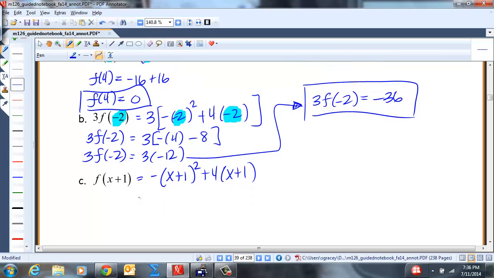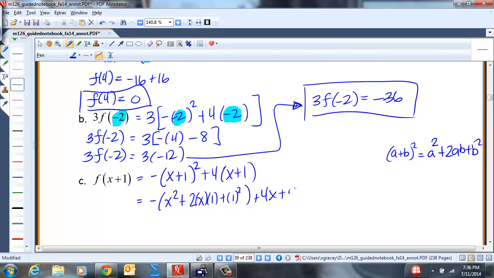Now I don't know how you feel about this, but when you square a binomial, if you have a plus b, the quantity squared, that results in a squared plus double a times b plus b squared. That's useful to remember. So our a is x, so we'll have x squared plus 2 times x times 1 plus 1 squared. We'll distribute the 4 throughout and we'll get 4x plus 4.